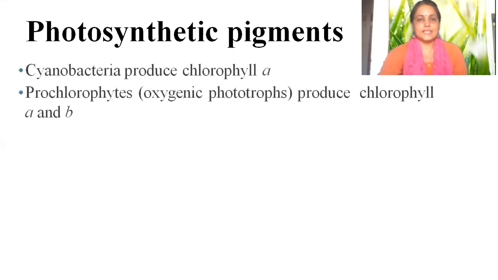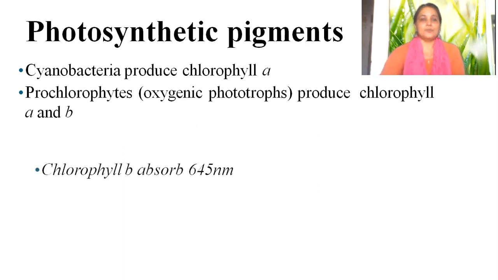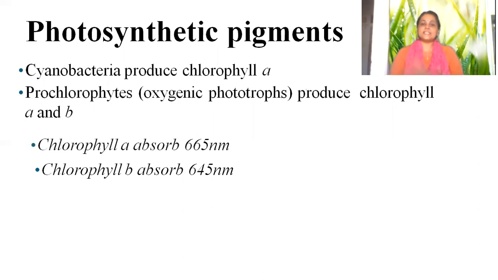Now, cyanobacteria produce chlorophyll A. Prochlorophytes, which are oxygenic phototrophs, produce both chlorophyll A and B. Chlorophyll B absorbs a 645 nanometer wavelength, which is lower compared to chlorophyll A. Chlorophyll A absorbs a 665 nanometer wavelength of light.